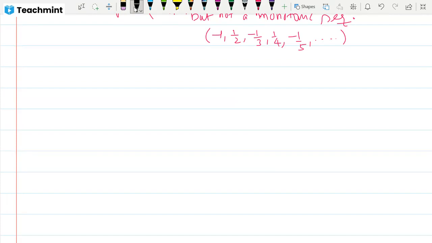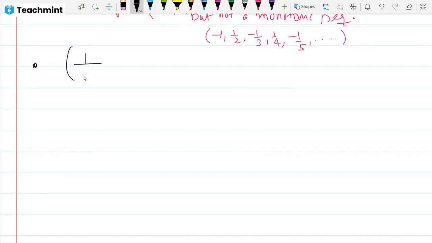If it is increasing and bounded or decreasing and bounded, then we say it converges. In some cases, we can find the limit also. I am choosing one question: study the convergence and divergence of this sequence.